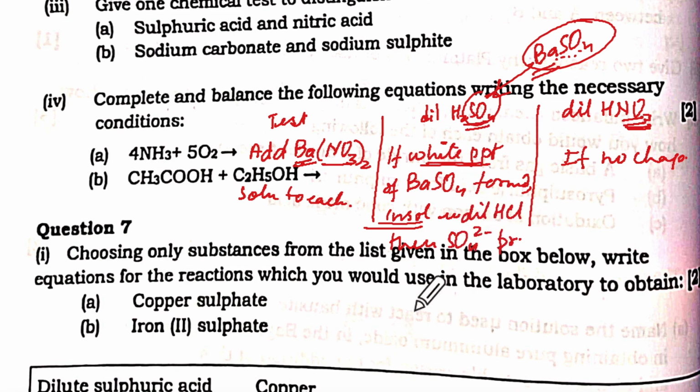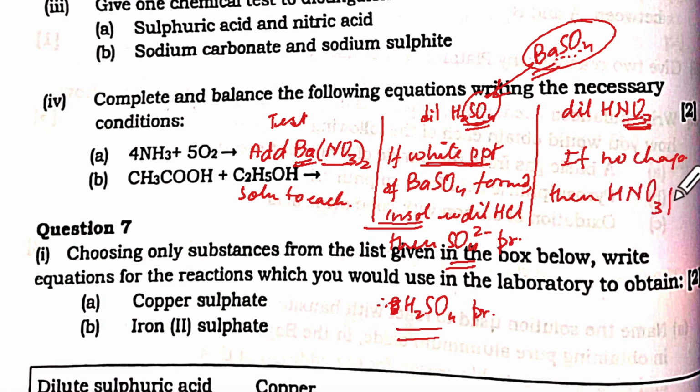So this is the test for SO4 radical. Therefore I will say that H2SO4 present. Okay, double underline the keywords. If no change, then HNO3 present.